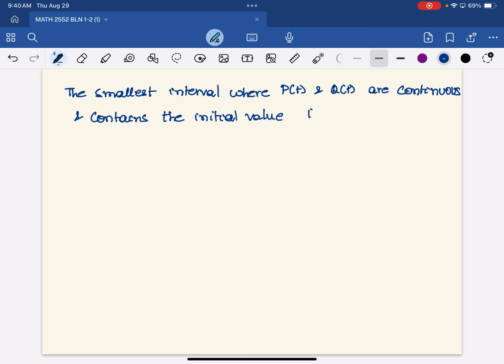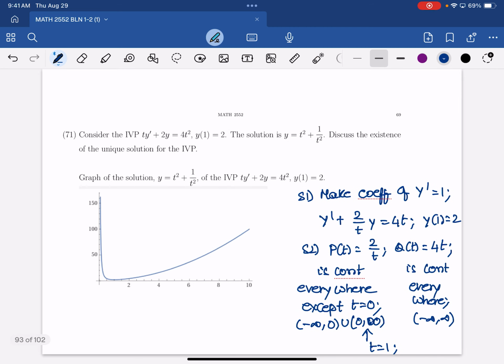In this scenario, it is 0 to infinity. Do you agree with me on that? So t equals 1 lies here, so the smallest interval where p of t and q of t are continuous and containing the initial value is 0 to infinity, so the interval of existence is 0 to infinity, and that's why when we graphed it we got this one.